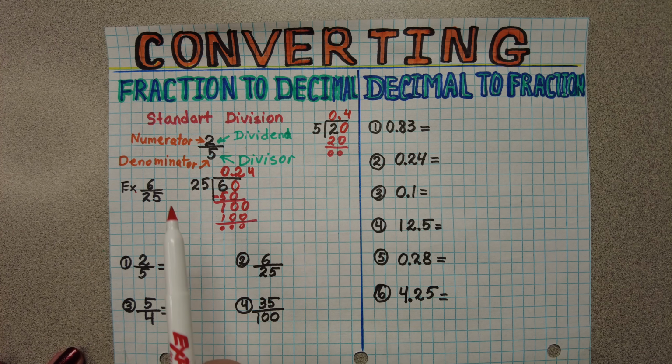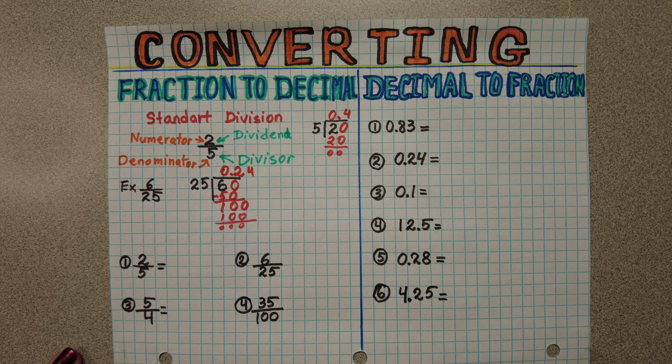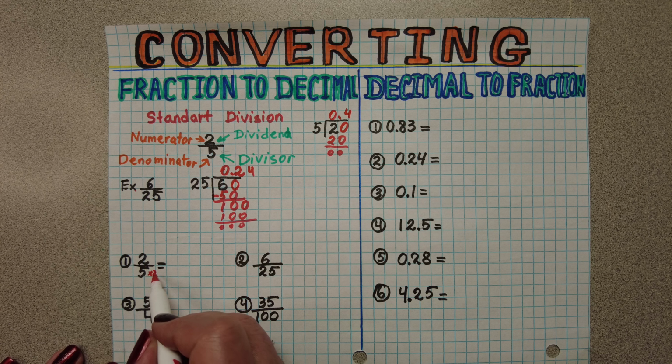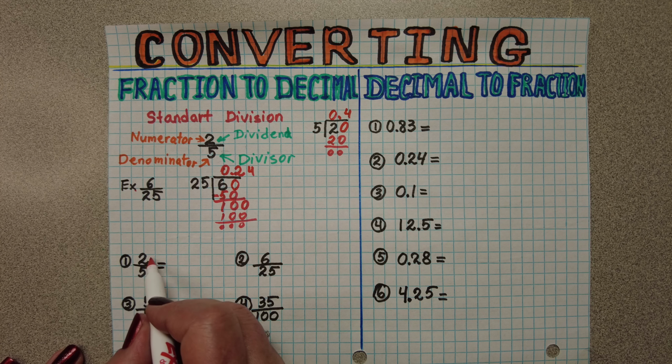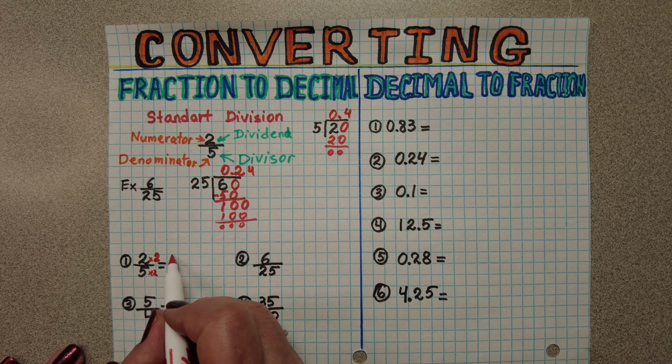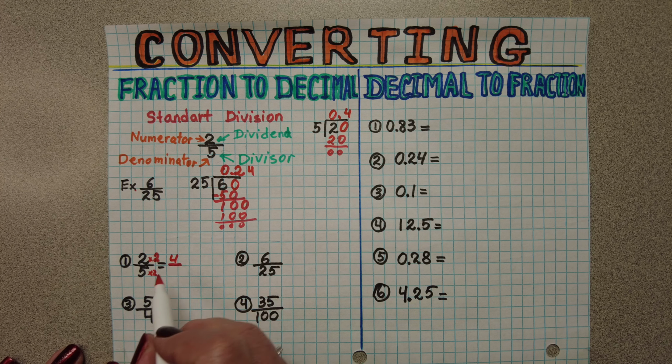There is another way to do it. As we learned in our previous lesson, we can make the denominator a number like 1 with zeros. How can we make 5 into 1 with zeros? 5 times 2. If we multiply the denominator, we have to multiply the numerator 2 by the same number. It will be 4 over 10.